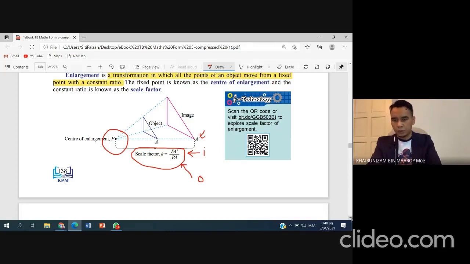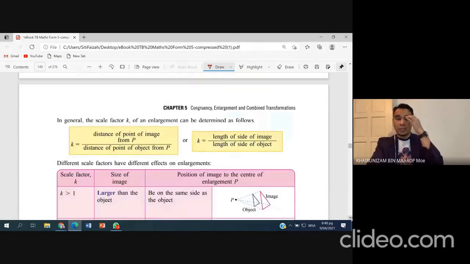So look at the general formula of the scale factor. The scale factor is k, small letter k.